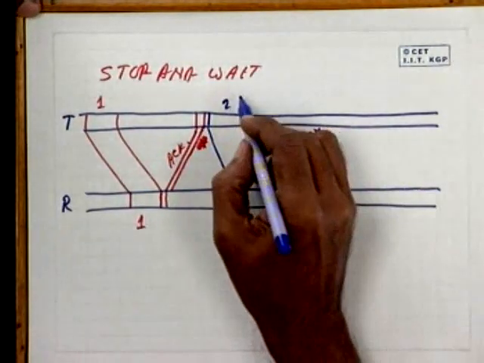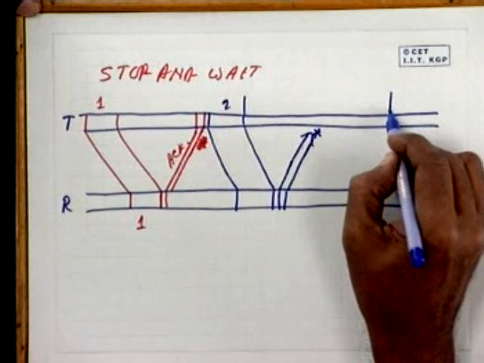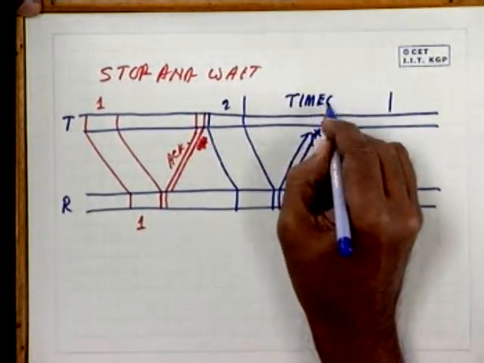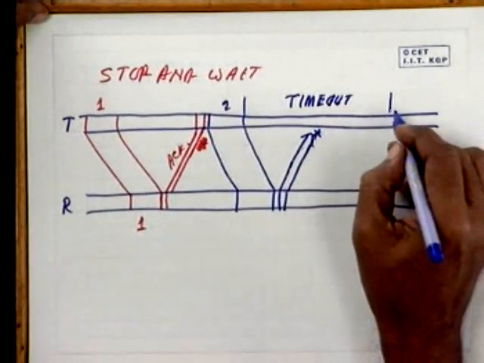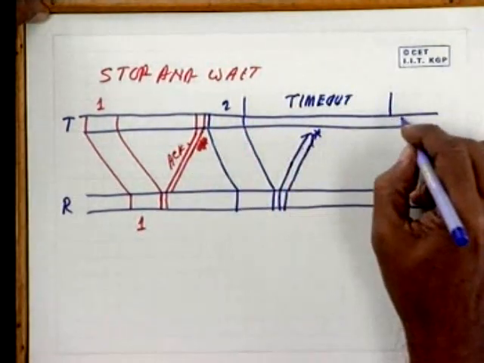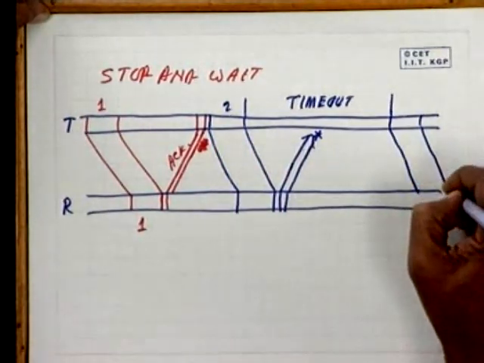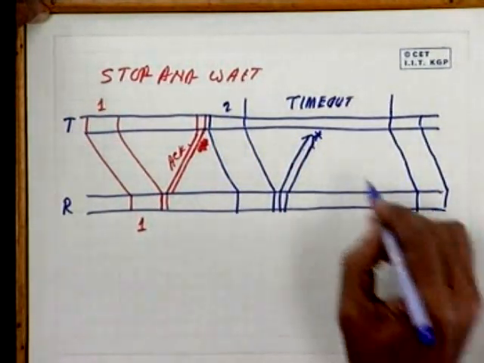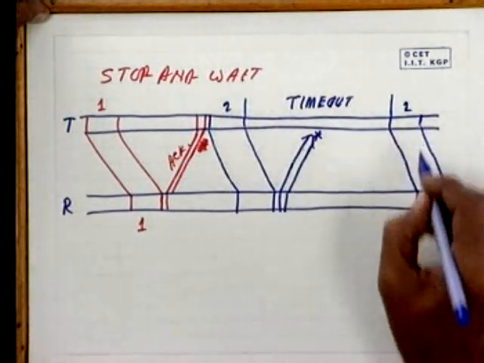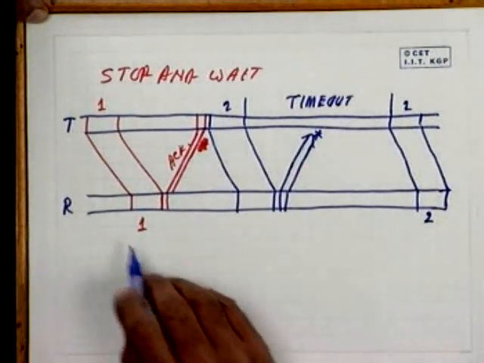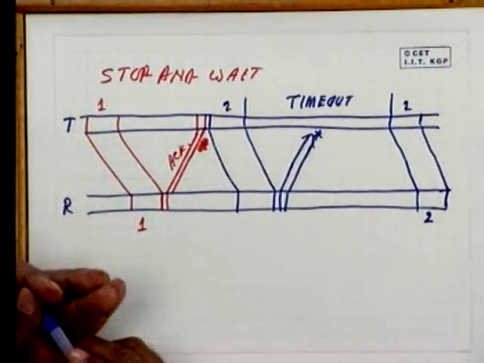In such a case, after sending this, there is a timeout. After this timeout, the transmitter will once again send frame number 2. So this is how it works.